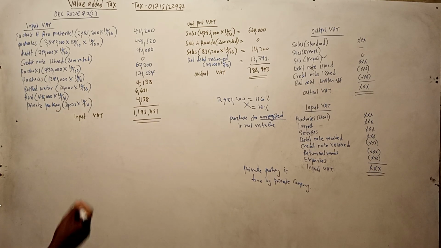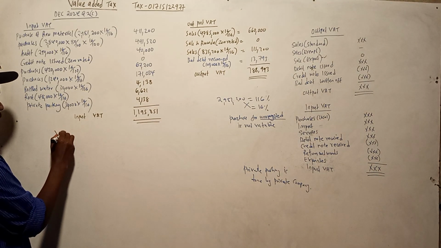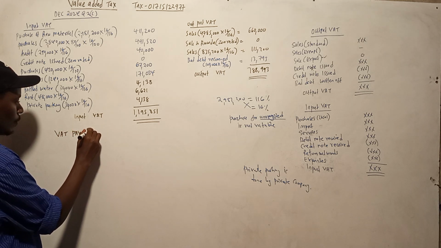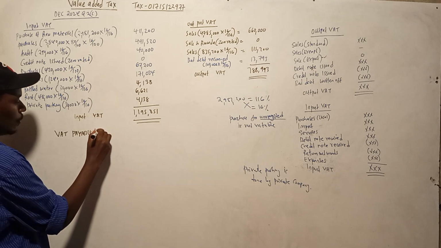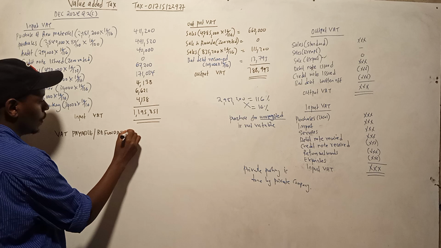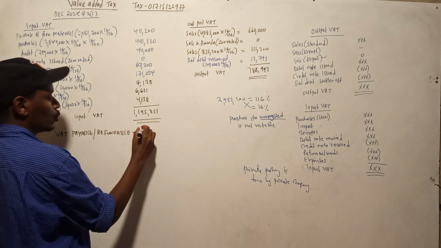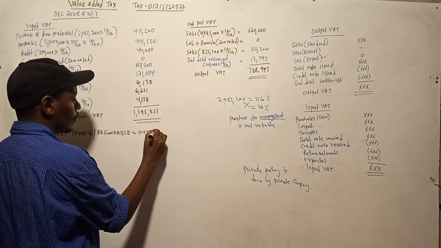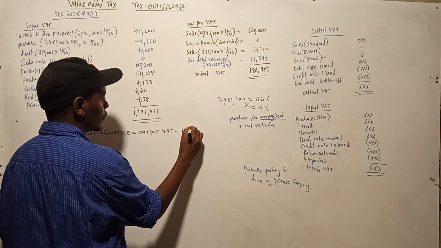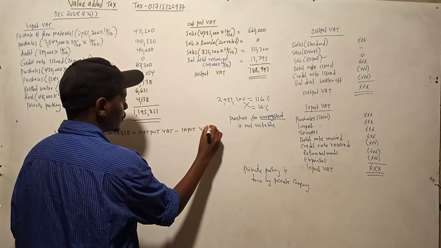So VAT payable or refundable is given by the output VAT minus input VAT.